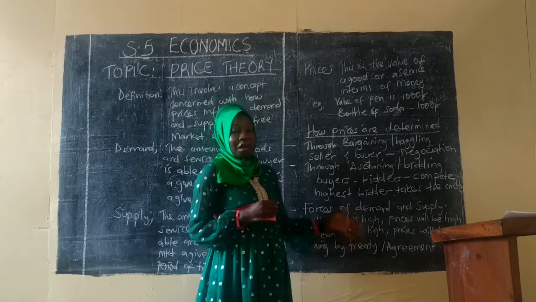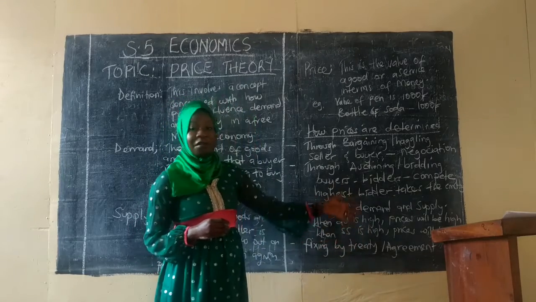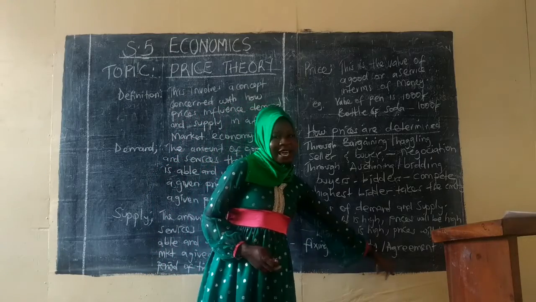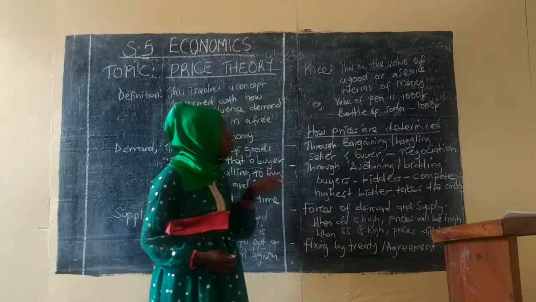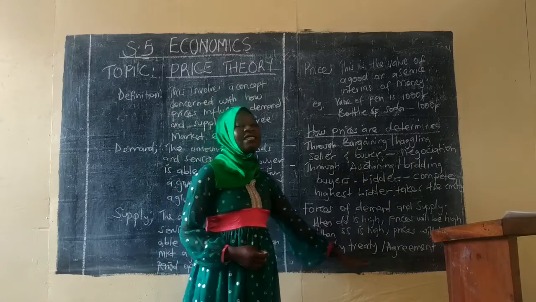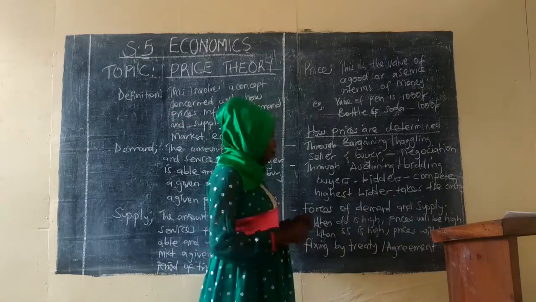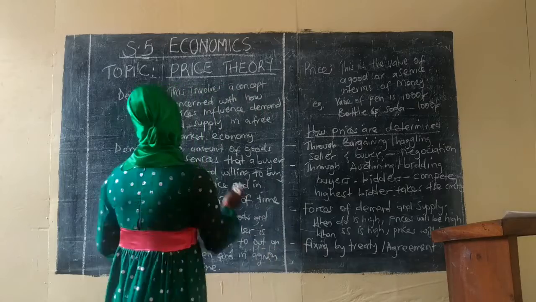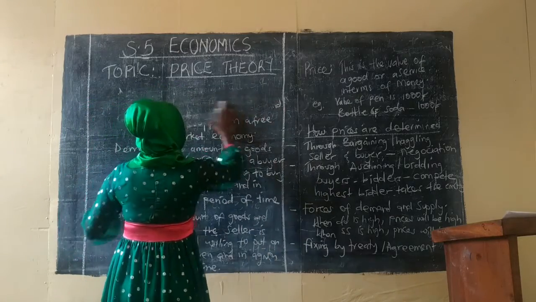He may start from, let's say, 7 million, but you negotiate until you reach an agreement. So prices can also be fixed through treaty or an agreement. So those are 4 ways how prices can be determined.